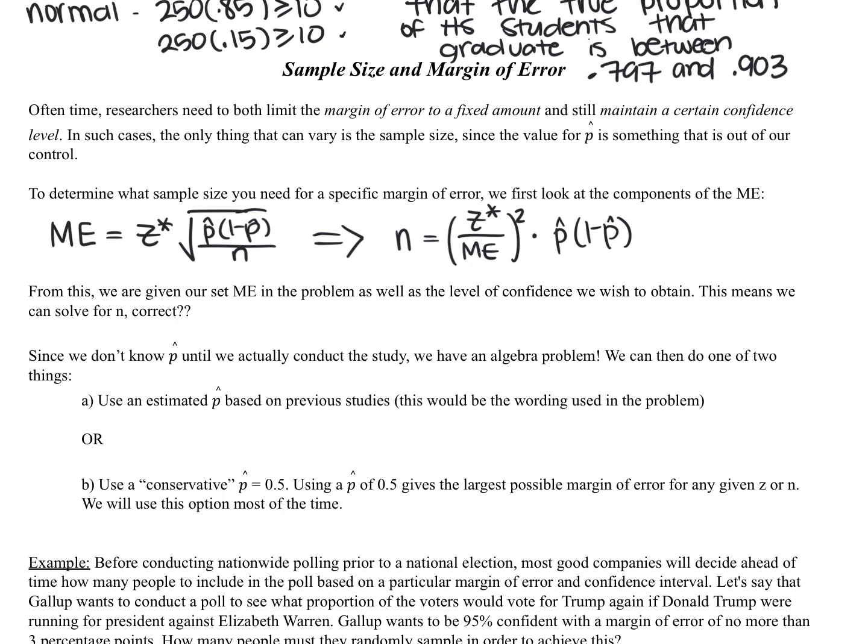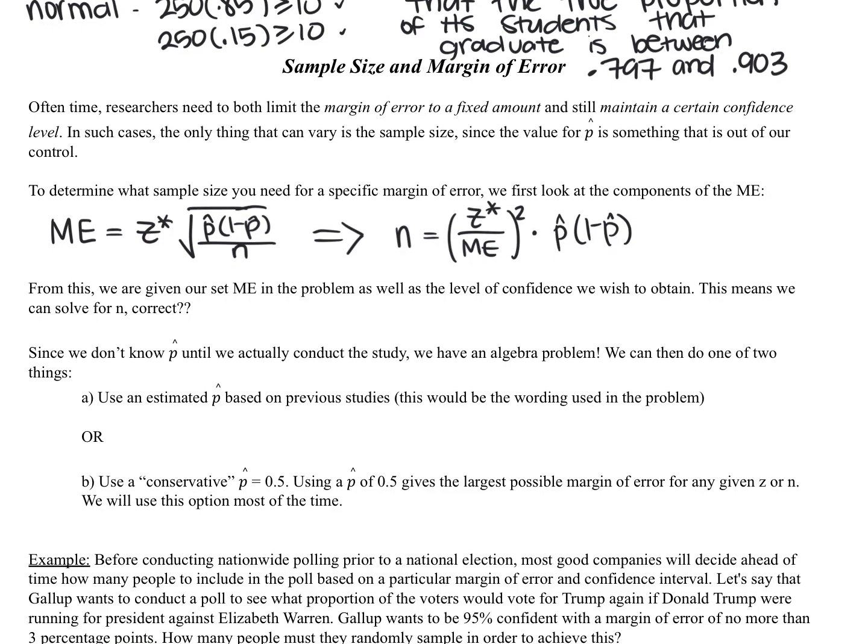They would say, in a previous study, the proportion was found to be, and then they'd state it. Or we use the conservative p-hat of 0.5. And using a p-hat of 0.5 gives the largest possible margin of error for any given z or n. And this second one is the most common method we're going to be using. We will use that one most often.